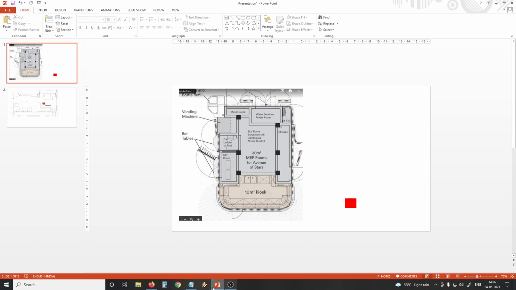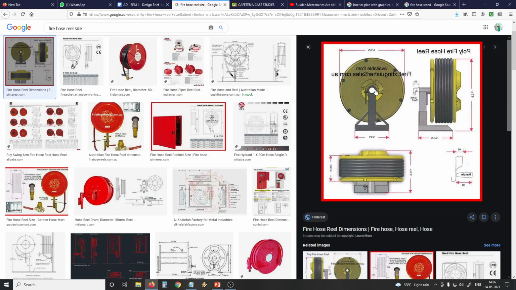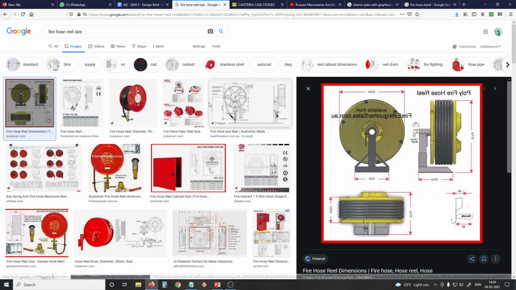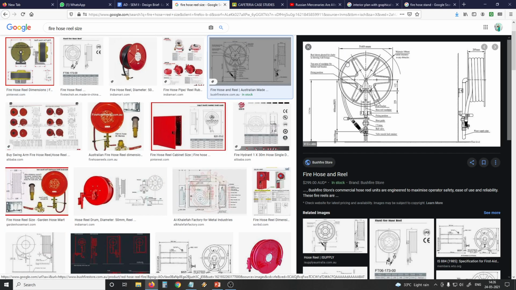So now I found this reel which is of this size, about 540. So maybe we could take something like 540 to 600, and this is an estimate. With this we won't get an exact dimension, but just to get an idea of how much space is there, you could at least get a range.